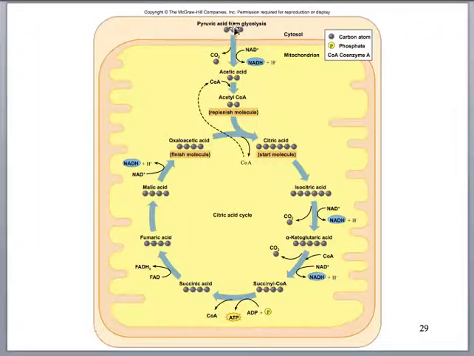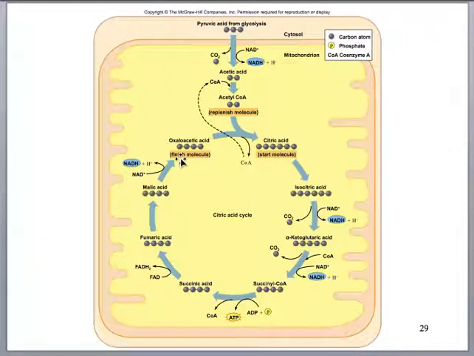So we convert pyruvic acid to acetyl-CoA, and in the process, we split off a CO2 and an NADH, which can be used in the electron transport chain. Now this acetyl-CoA, which is a 2-carbon molecule, can join with oxaloacetate, or oxaloacetic acid, either one of those names. I'm not going to ask you to know it.